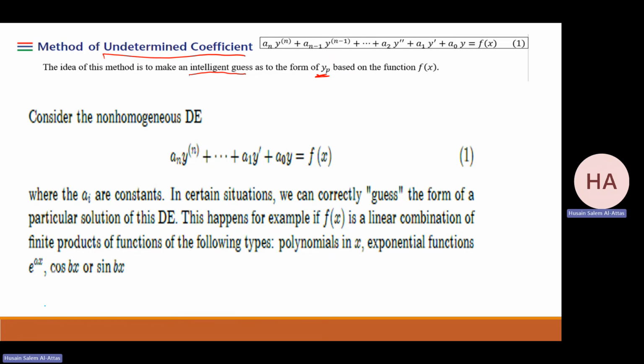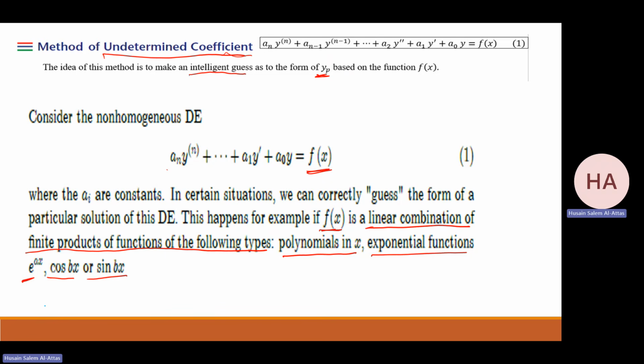Okay. By the way, undetermined coefficients will not work for any right-hand side, for any f. It will work only if f of x is a linear combination of finite products of functions of the following types: polynomials in x, exponential functions, which is e to the power ax, or cosine bx or sine bx.